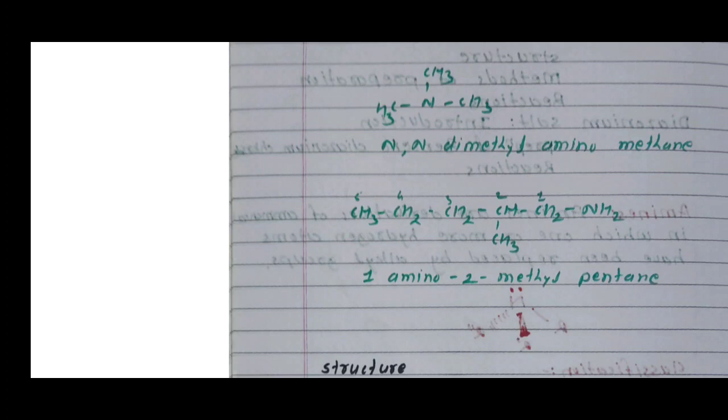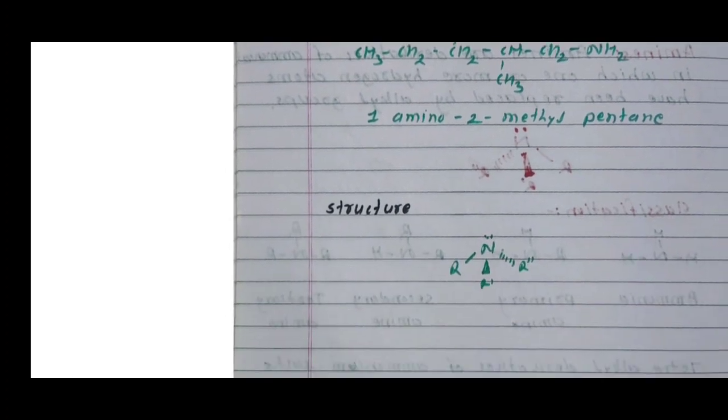Then again I am showing you the structure N, R, R dash, R double dash. This is the structure of amines. Nitrogen has 5 valence electrons and so is trivalent with a lone pair.